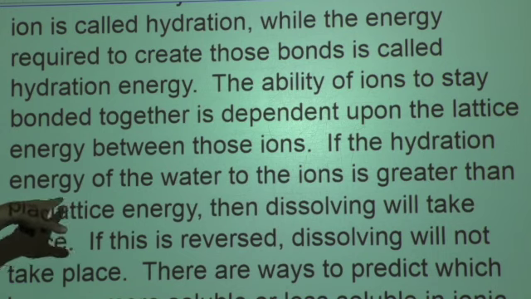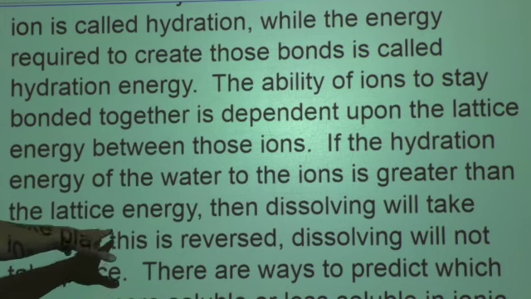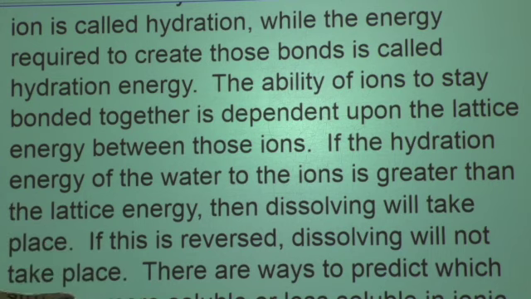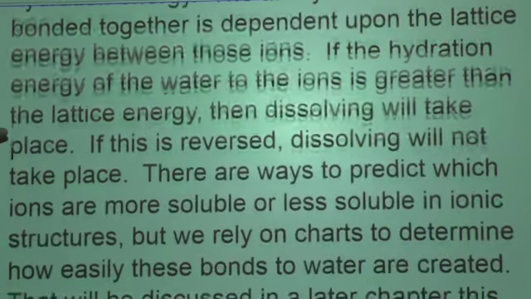If the hydration energy of the water to the ions is greater than the lattice energy, then the dissolving will take place. So if the ability to latch on and pull things away is greater than the ions themselves holding together, you're going to have dissolving. If this is reversed, then dissolving will not take place.